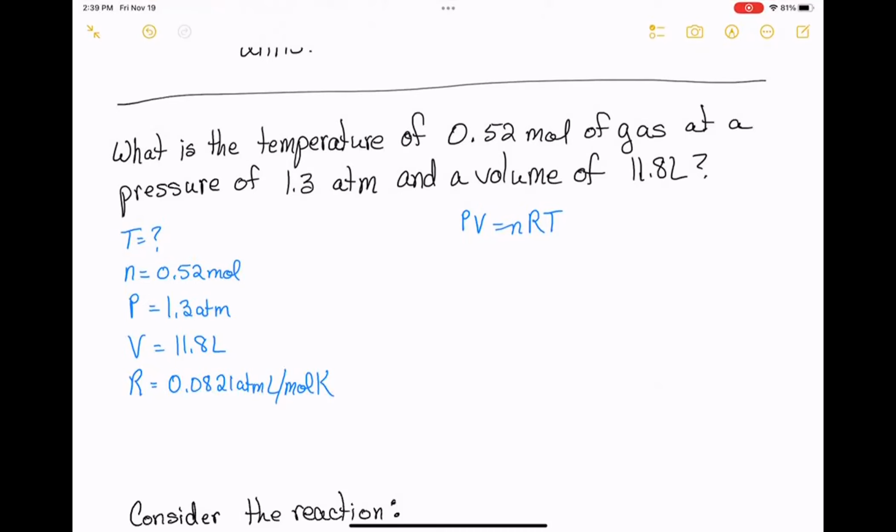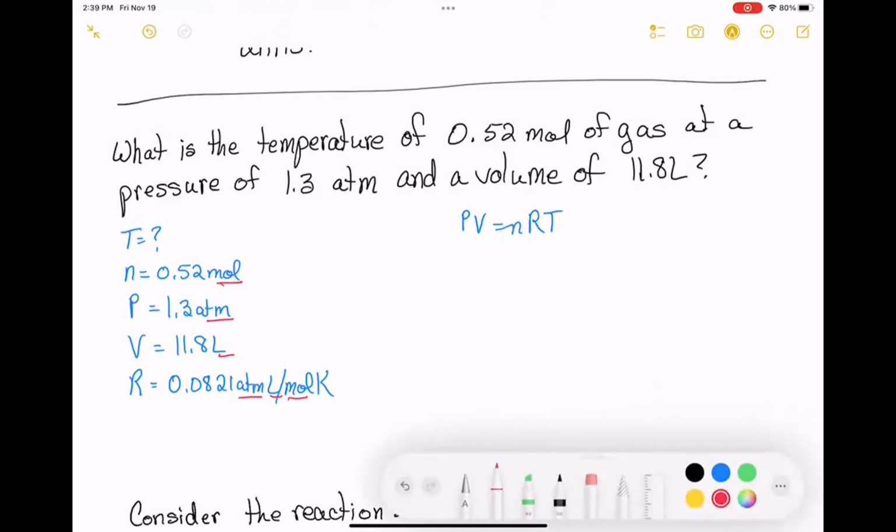At this point, I'm checking, does all of my units match up? So my pressure has to be in atmospheres, my volume in liters, my amount in moles, and the temperature will be in Kelvin. So yes, all my units match.